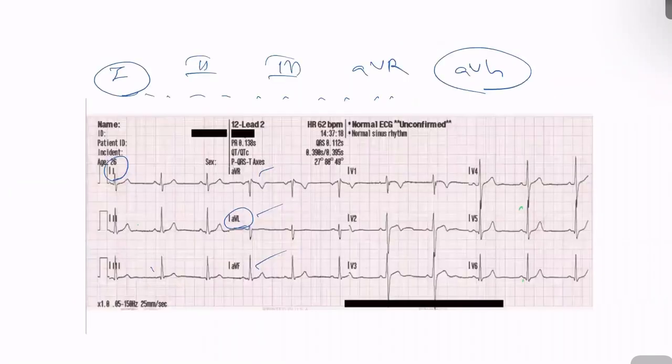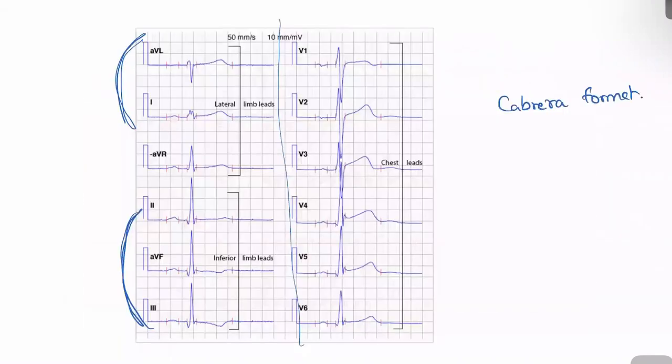Okay, then I introduced the new format of the ECG. It is not new. It is another format of the ECG rather than the standard format. It is the Cabrera format, where AVR, AVL, and 1 are put together, and 2, 3, AVF are put together for better visualization of the consecutive leads.